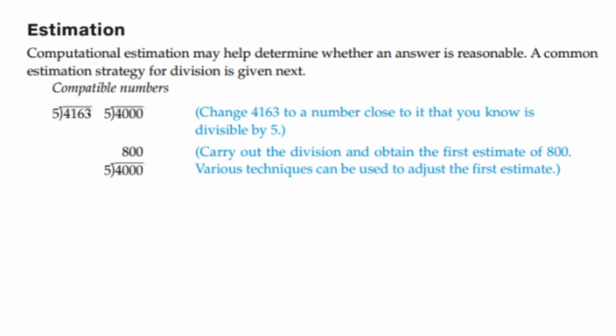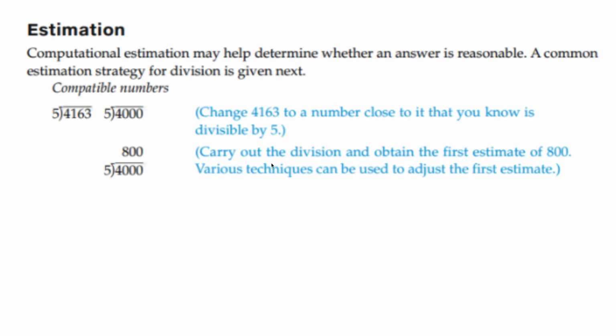So for example, when you have 4,163 apples and you're giving that to 5 people, will each person get more than when you have 4,000 apples and are dividing that by 5 people? Of course, when you have more apples and are giving away to exactly the same number of people, your quotient should be bigger. Each person gets more, right? But since you underestimated, your actual quotient has to be larger than 800.